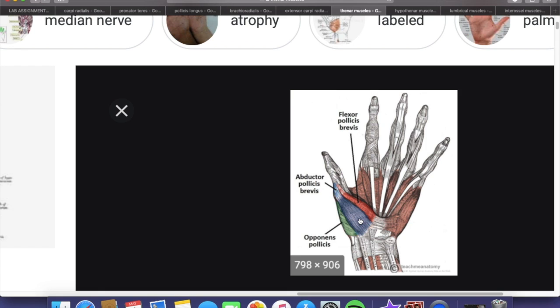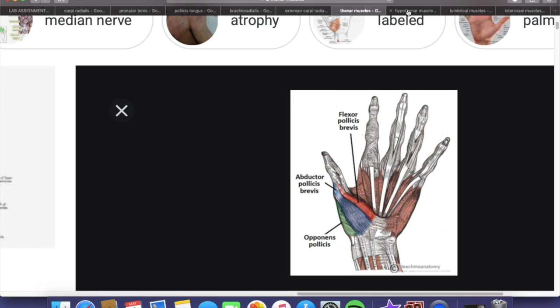And the last muscle of the thenar group is the flexor pollicis brevis, right here, this red one. And that is responsible for the flexion of the MCP joint of the thumb, and that is innervated by both the median and ulnar nerve.